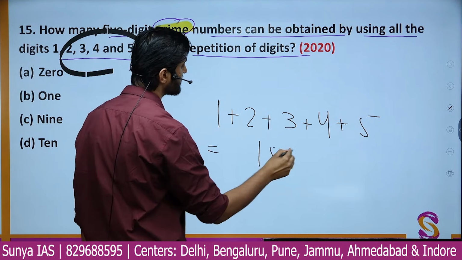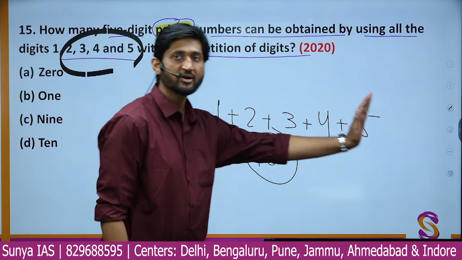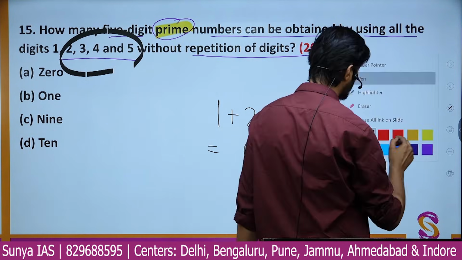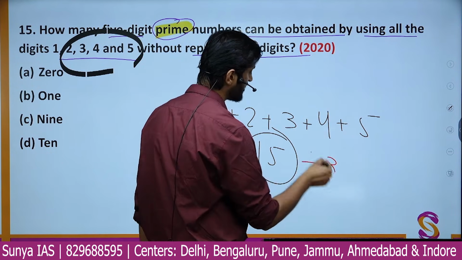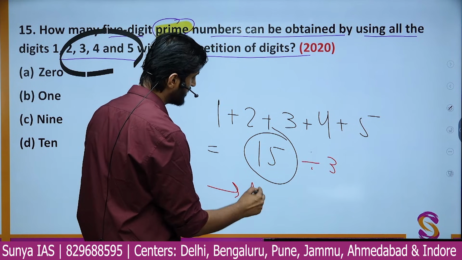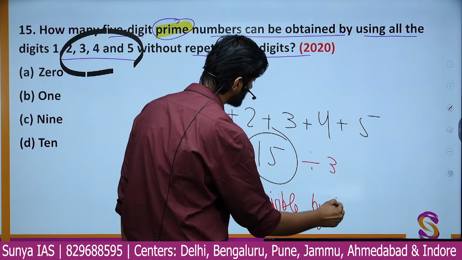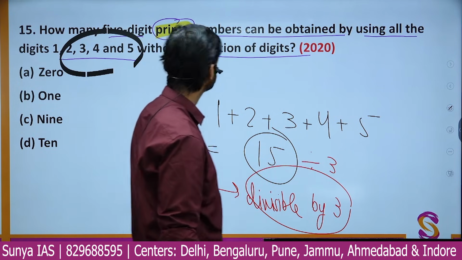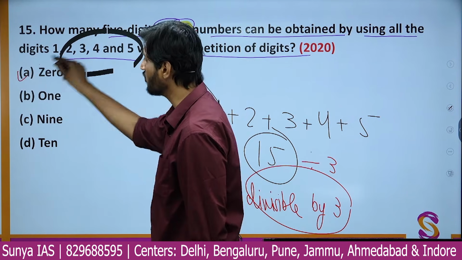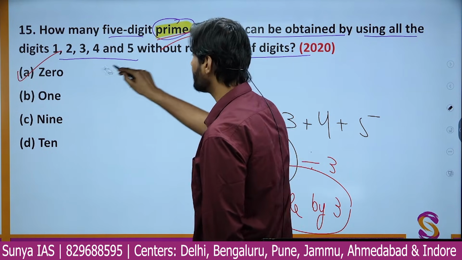The sum becomes 15, which means whatever number you create using these digits, the sum of digits will always be 15. And since 15 is divisible by 3 perfectly, the number you create will definitely be divisible by 3. And since it is divisible by 3, it cannot be a prime number. So you can have 0 such prime numbers by arranging all these digits 1, 2, 3, 4 and 5.